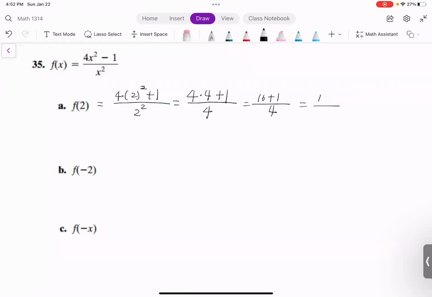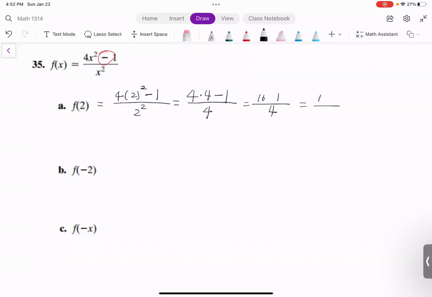Is there something wrong? Yes, I always copy the wrong question. Remember that this is minus. You can't have plus here. So be careful. I always made the mistake like this, so I need to redo my recording.